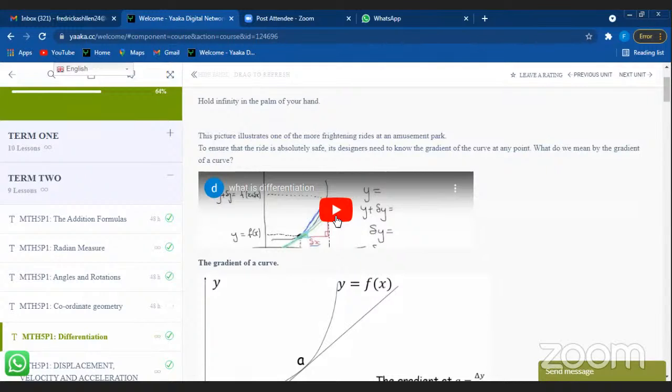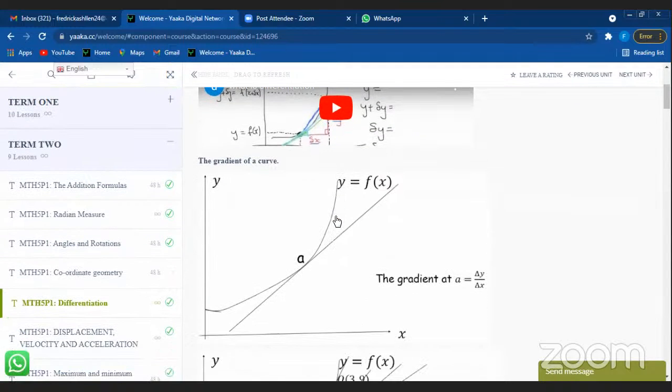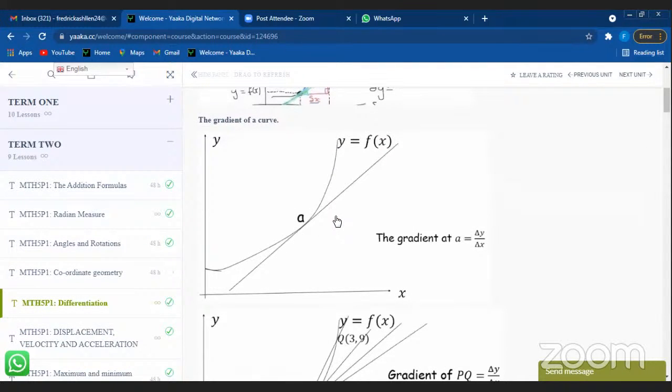So our video, I expect that you have watched it because I sent that work earlier enough for you to go through that. So we are going to go to our first image here, which shows a curve y equals f(x), and then a line, and those two have a point where they meet.